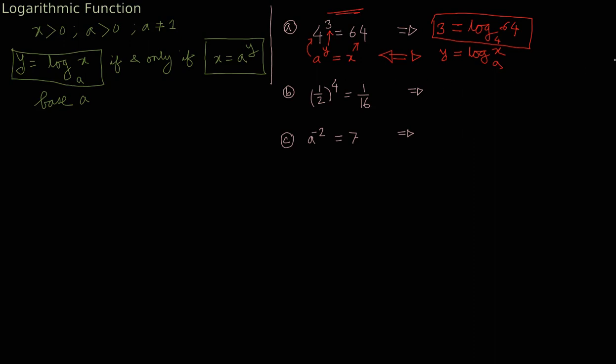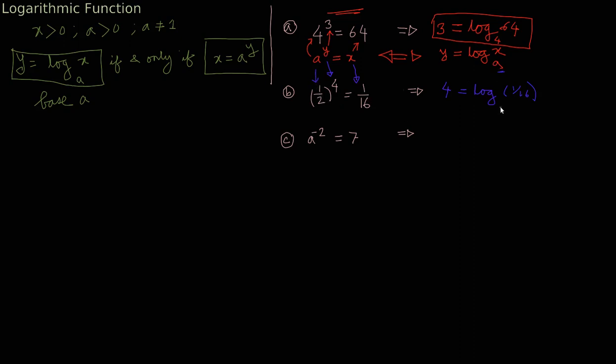Now let's look at this one. In this case, what is my a? A is half and y is 4 and my x is 1/16. So what can I write? 4 equals logarithm of x. My x is 1/16, and base a, what is my a here?